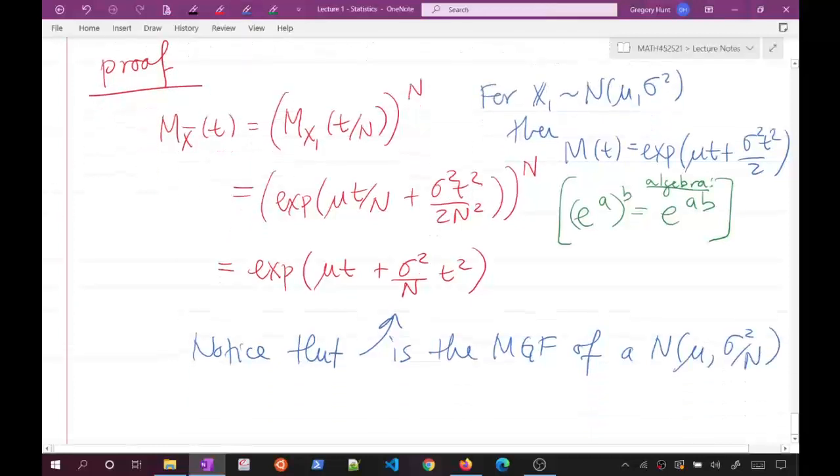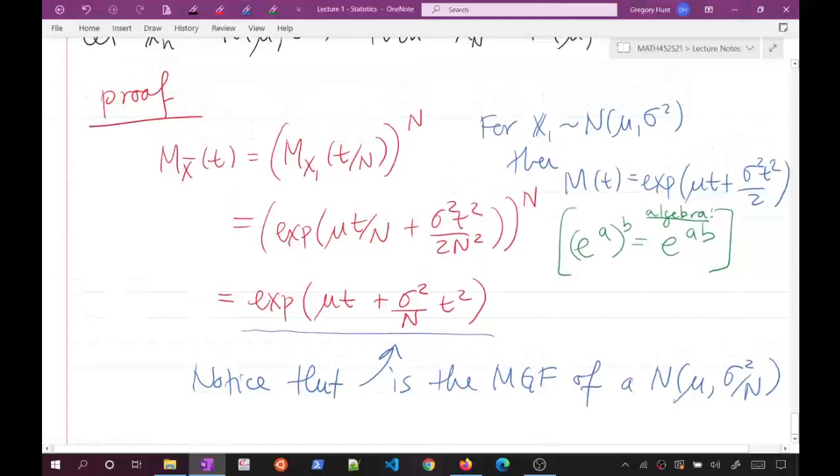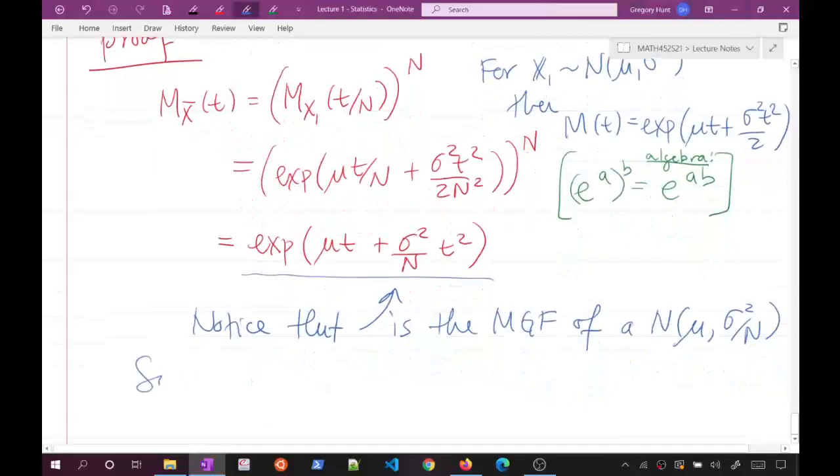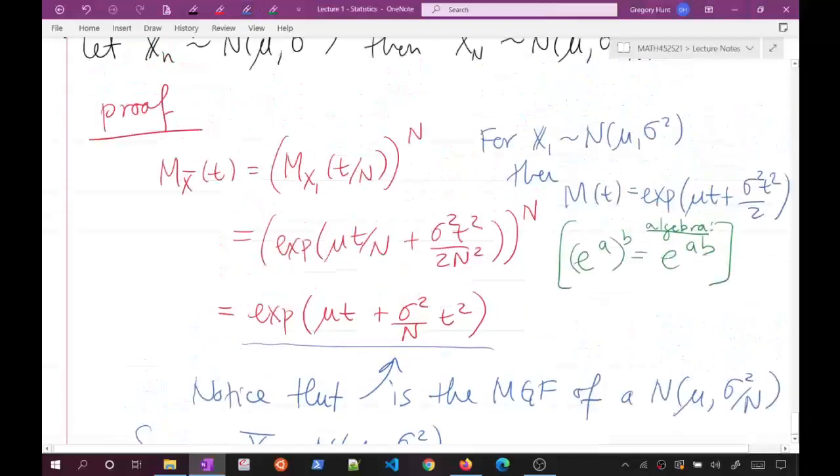I mean, if I said, okay, I have a random variable that's normally distributed with the mean mu and variance sigma squared over n, what would its MGF be? Its MGF would be this. So the MGF of x bar is the MGF of a normal with mean mu and variance sigma squared over n. So x bar, because the MGF basically tells everything about the distribution, has to have this distribution. And that's what I claim in the theorem.